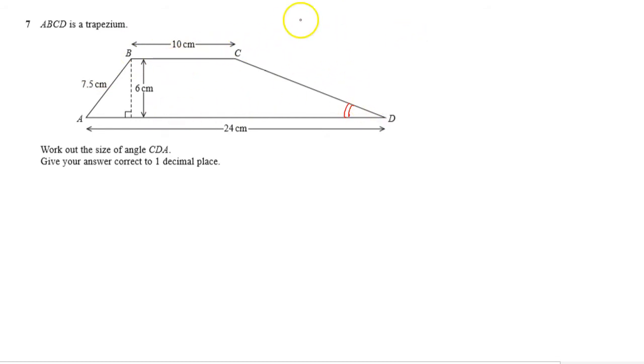To find this, if I draw a line here and I just talk about this triangle, so that is a triangle. So let's talk about triangle CDE.